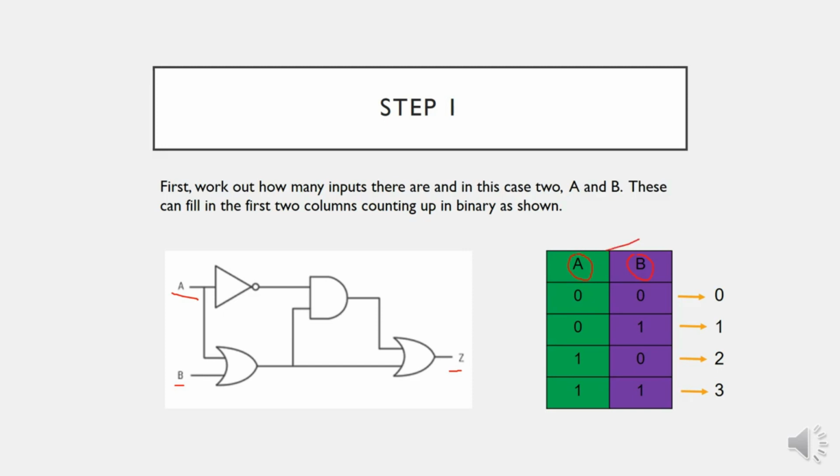If you still remember, we have 2 inputs, 2 to the power of 2, so we have 4 combinations, counting from 0, 1, 2, and 3. Each of these numbers is represented by the binary number of each of these decimal numbers, 0, 1, 2, and 3.